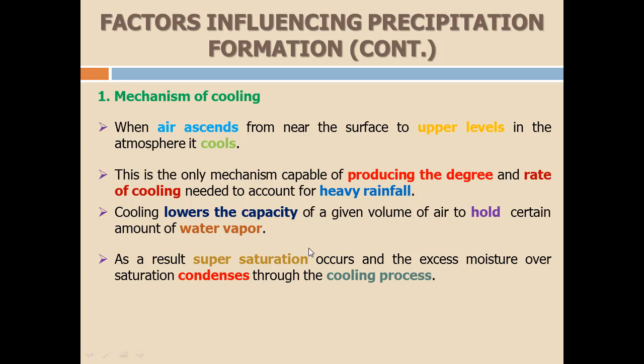When these vapors go upward, with this motion they lose their energy and become cool, or with the lapse rate they become cool. So cooling lowers the capacity of a given volume of air to hold a certain amount of water vapor. As a result, supersaturation occurs, and the excess moisture condenses through the cooling process.